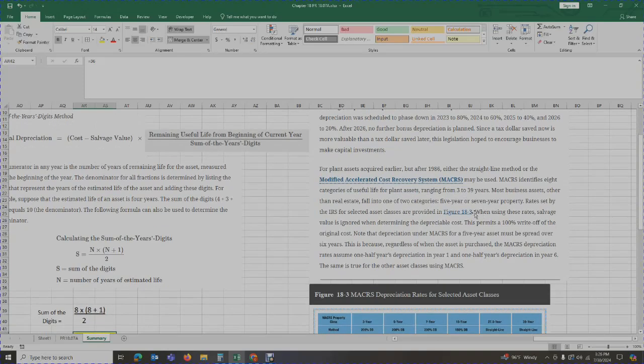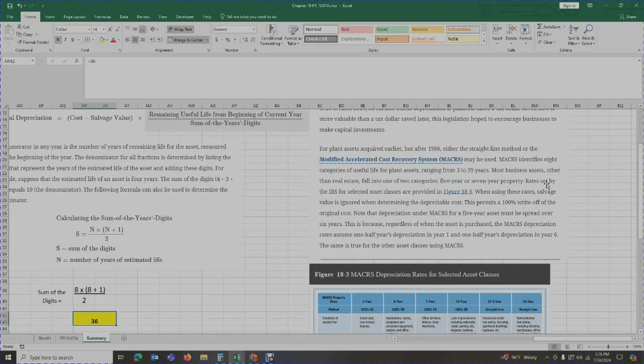Most business assets, other than real estate, fall into one of 2 categories, either the 5-year or the 7-year property. The rates are set by the IRS. When using these rates, salvage value is ignored when determining the depreciable cost. This permits a 100% write-off of the original cost.